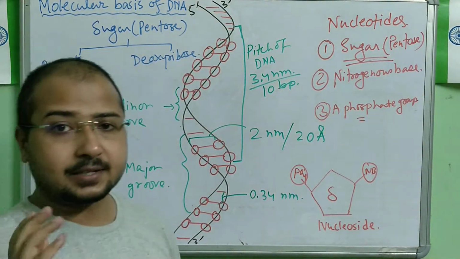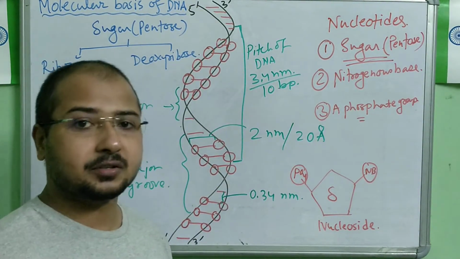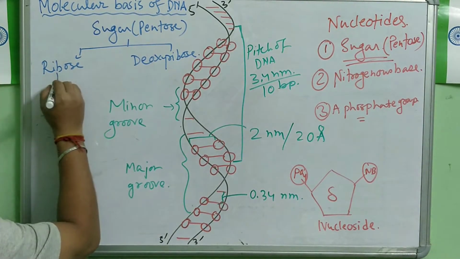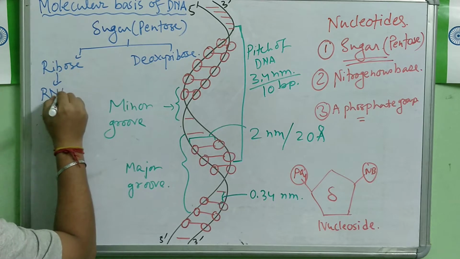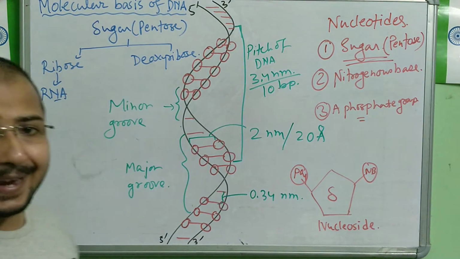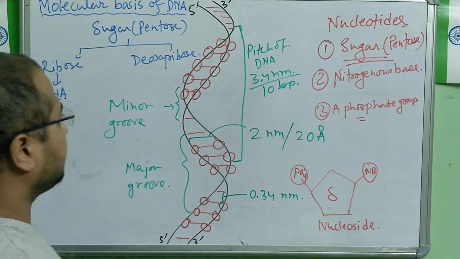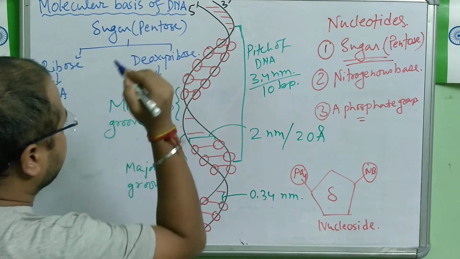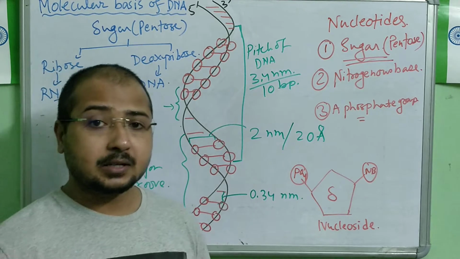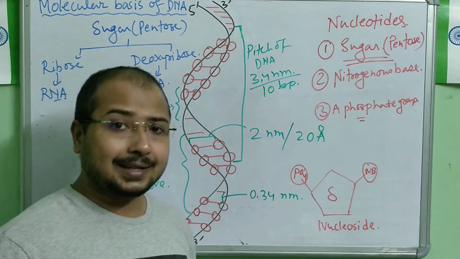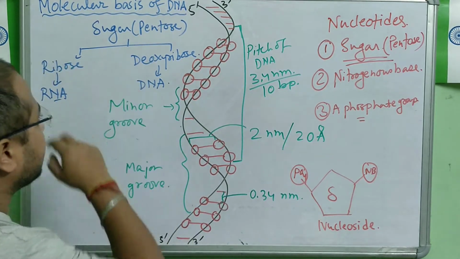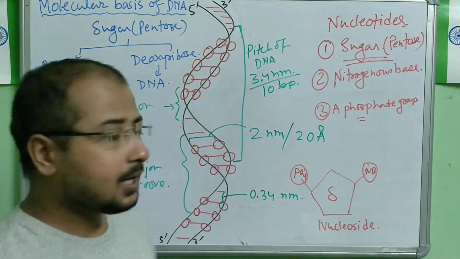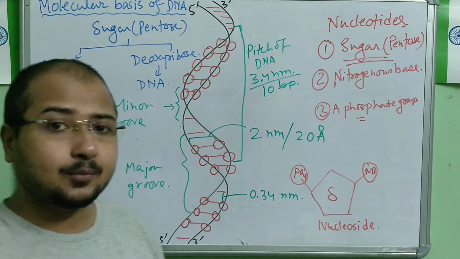Ribose sugar is present in the RNA, which also carries genetic material, while deoxyribose is found in the DNA. The DNA full form is deoxyribonucleic acid. DNA and RNA are nothing but nucleic acids, and this one is deoxyribonucleic acid.